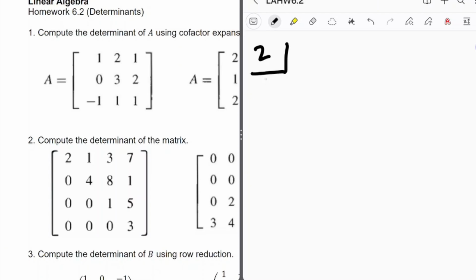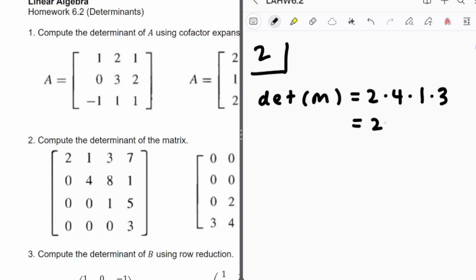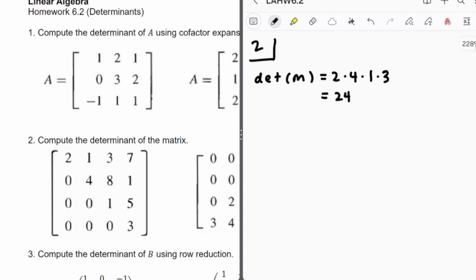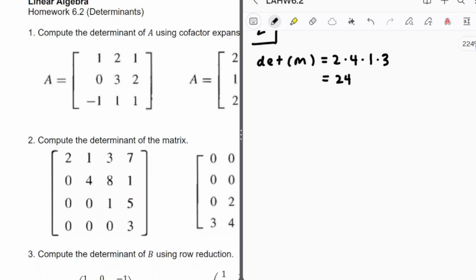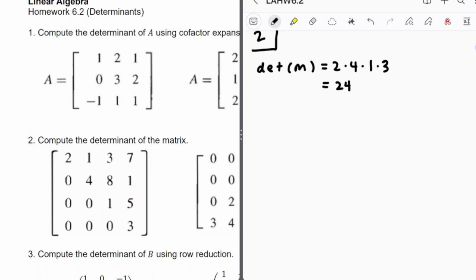So the determinant of this matrix is going to equal 2 times 4 times 1 times 3. So that's going to be 24, and I think I actually don't need quite that level of zoom. So I guess that was 2a.